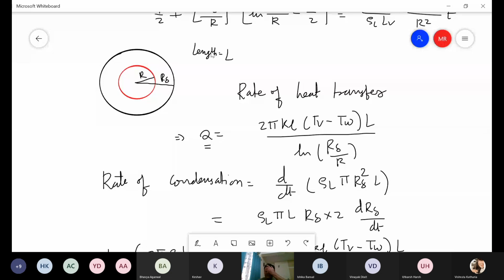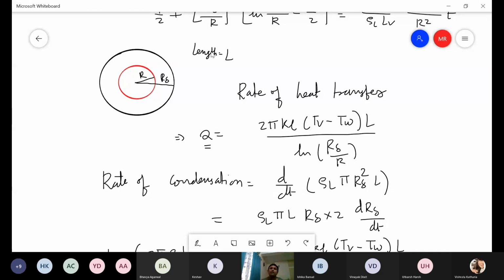No, see here, what we are looking at is the rate of condensation, which means how much differential amount of condensate we are adding in the system that we are calculating, correct?